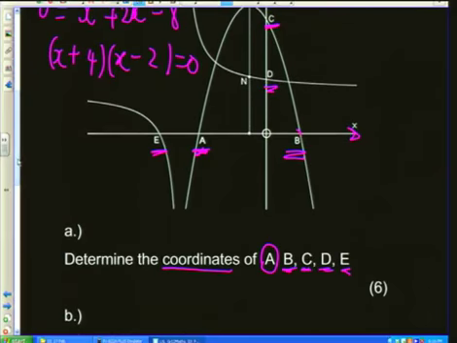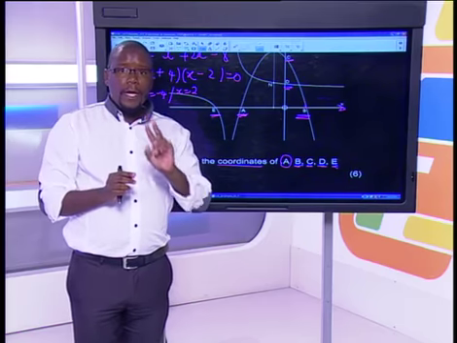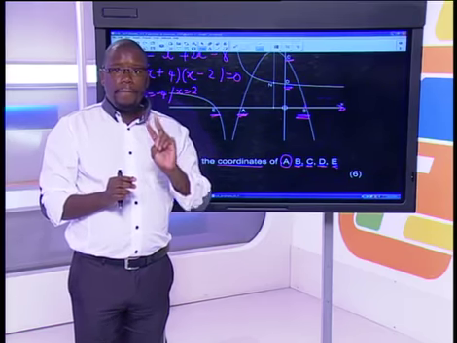Now, we get to our conclusion. x plus 4, x minus 2 equals 0. So therefore, x is negative 4 or x is 2. Right, so you've got your 2 x values.